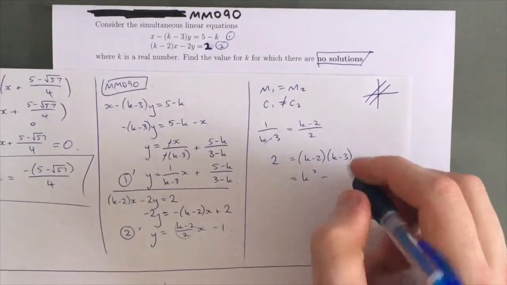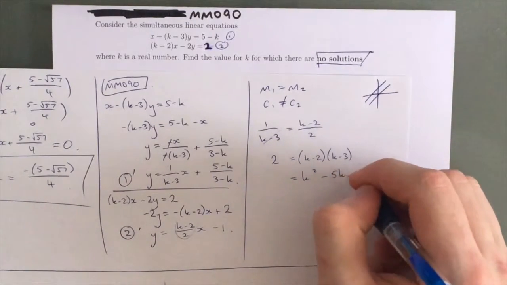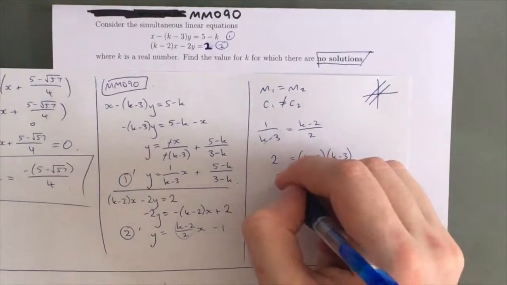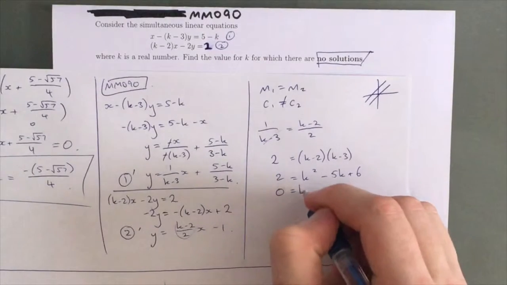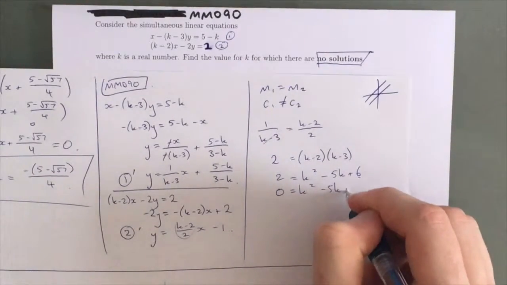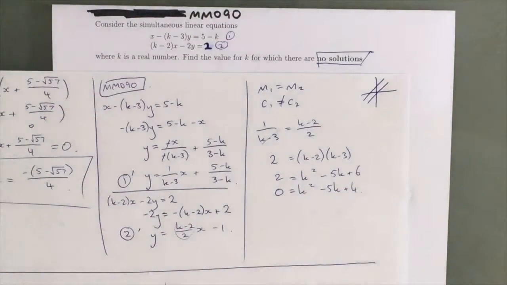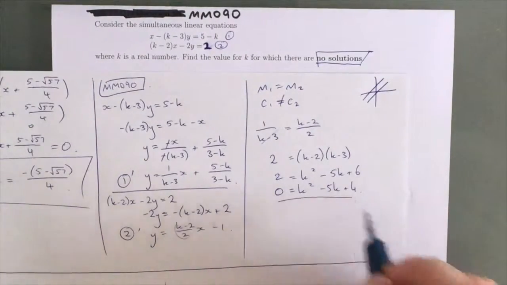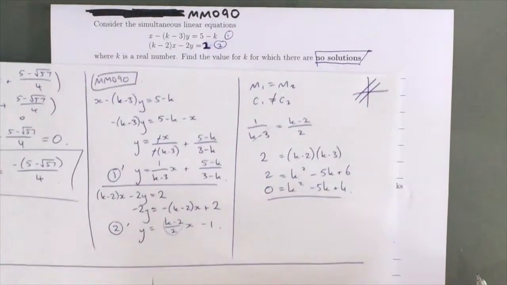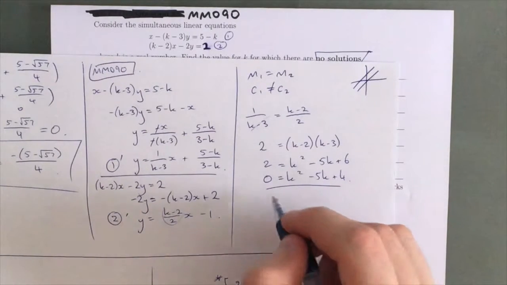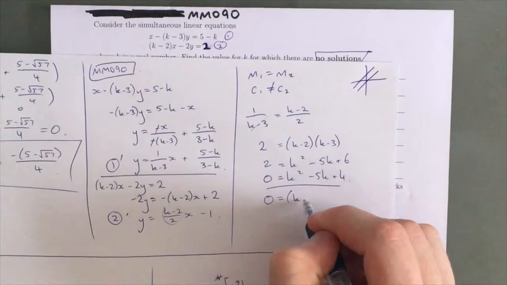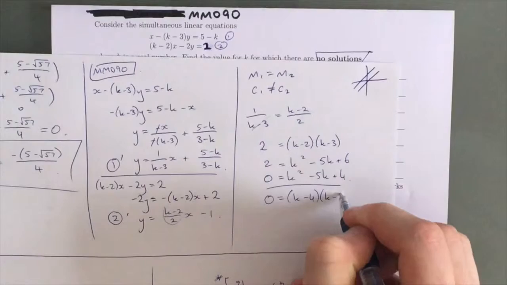Expanding all this out, we get k squared minus 5k plus 6 equals 2, which means that 0 equals k squared minus 5k plus 4. Awesome. This is a simply factorizable expression, which changes to 0 equals (k minus 4) times (k minus 1).